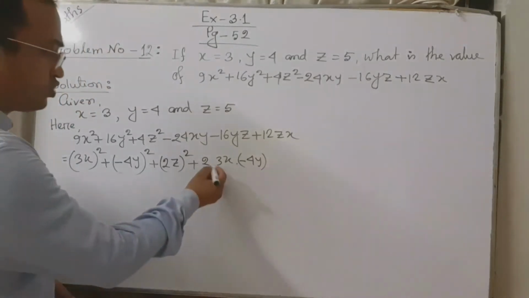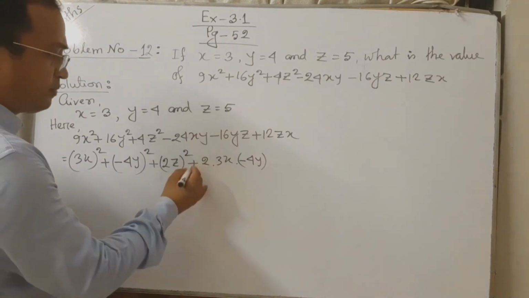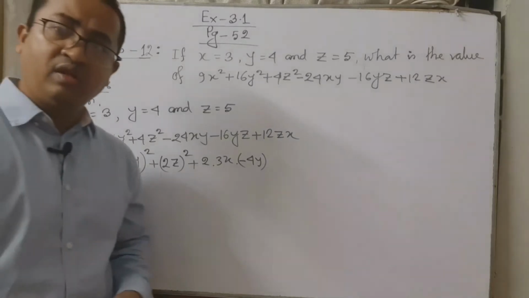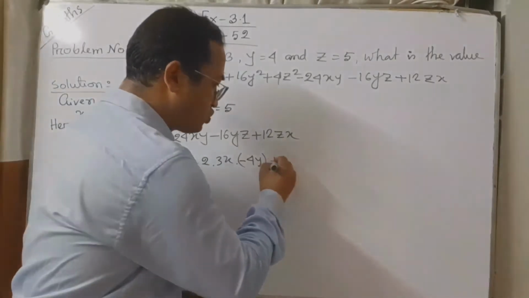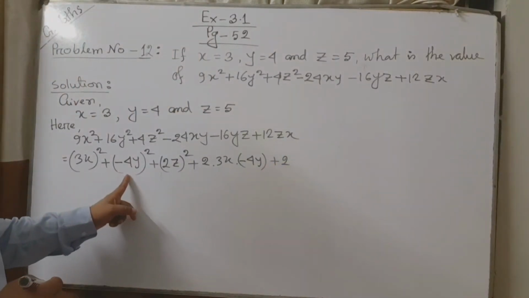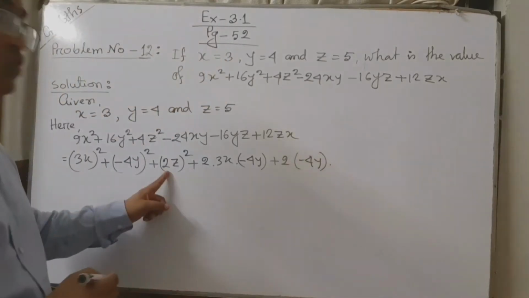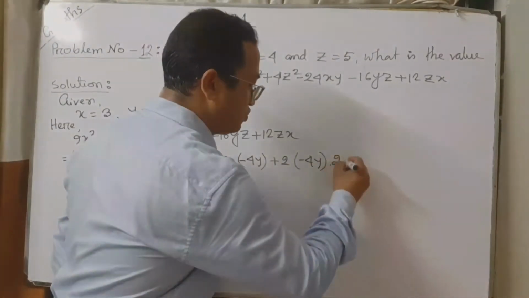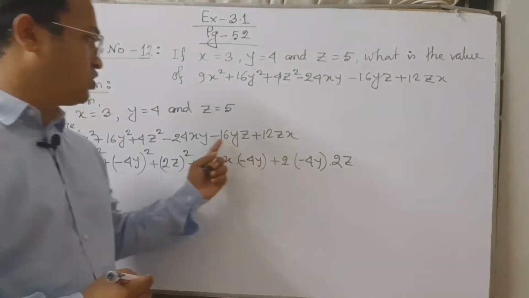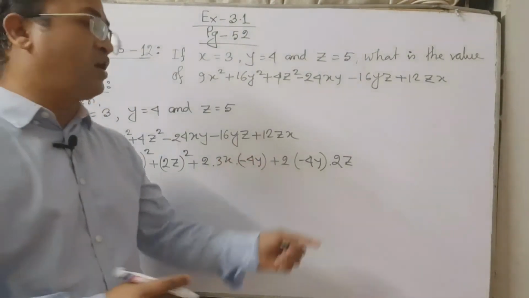Look, 2 times 3 is 6, 6 times 4 is 24xy, and plus into minus is minus. So it is correct. Now plus 2bc: b means minus 4y, and c means 2z. Is it correct? Look, plus and minus will be minus. 2 times 4 is 8, 8 times 2 is 16yz.